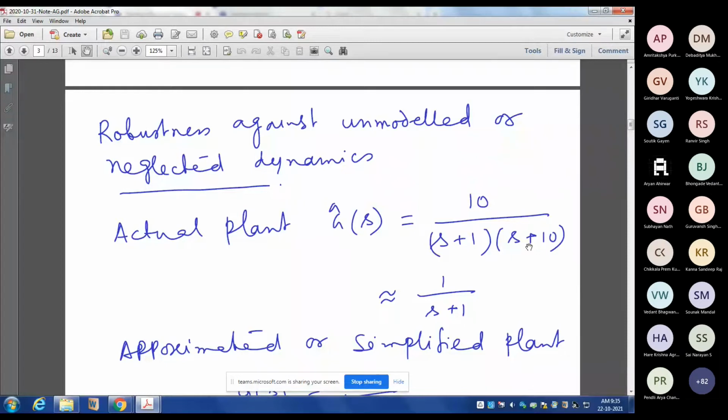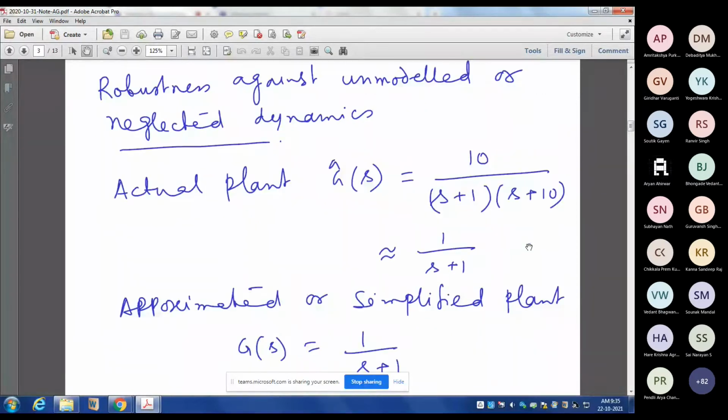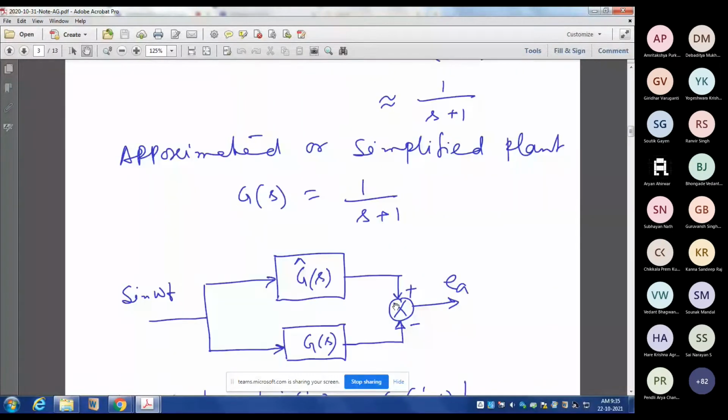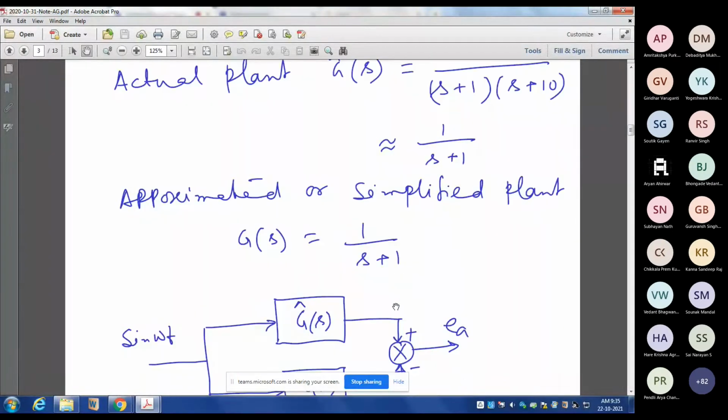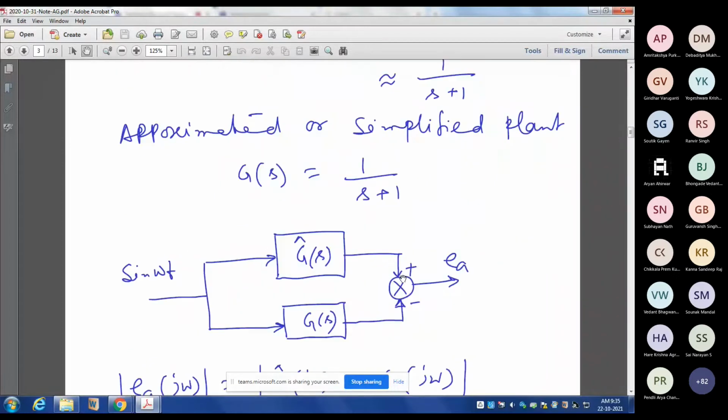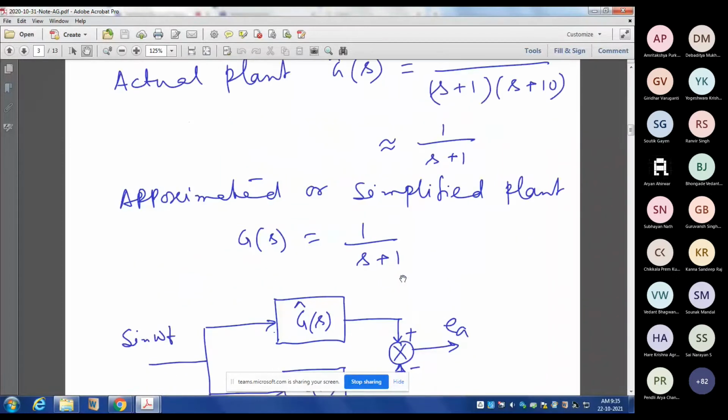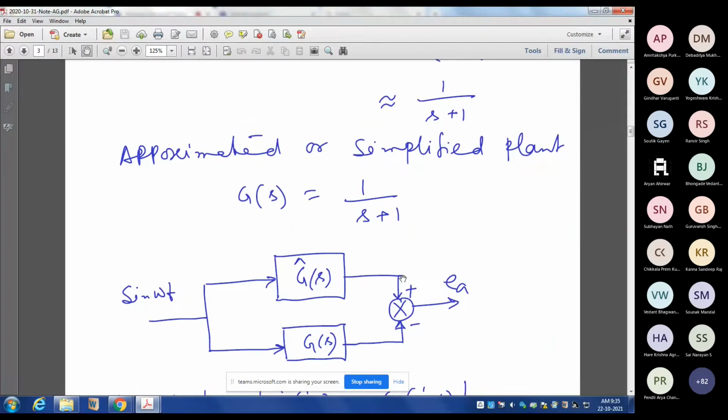So now we want to determine what the error is. We can easily obtain the frequency response of the error plant. What is the error plant? G hat minus G. I can apply sine omega t.